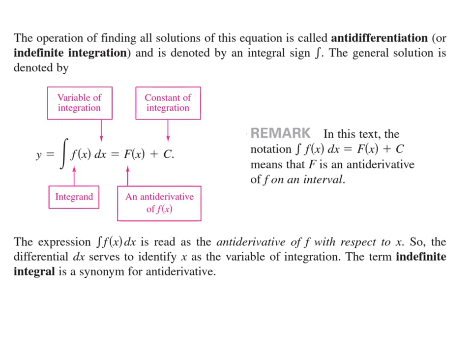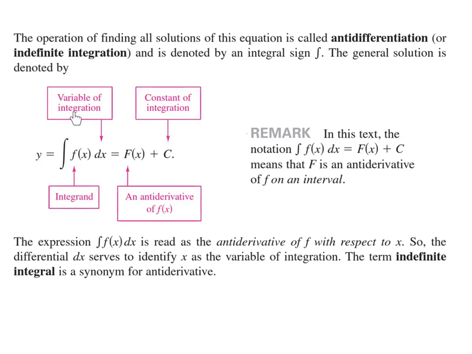In this slide, I want to talk about the notation that you're going to see around antidifferentiation or indefinite integration. So you may have seen this symbol before. It's this really tall looking S thing, and that's what we call an integral sign. That just tells you we're taking the integral here. So f of x is some function that we take the integral of, and that's called the integrand.